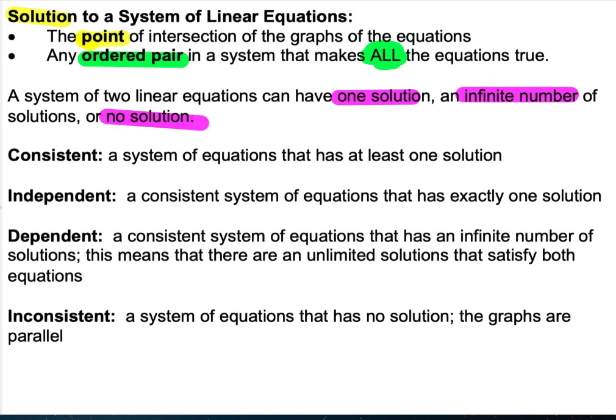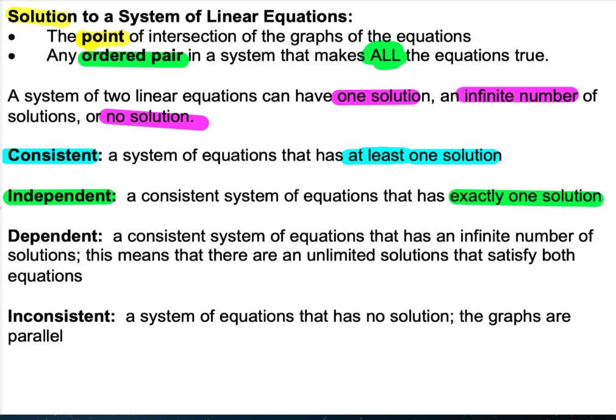So some new vocabulary for us is a system of equations is consistent. Okay? That means it has at least one solution. So that means one or more. It is independent if it has exactly one solution.